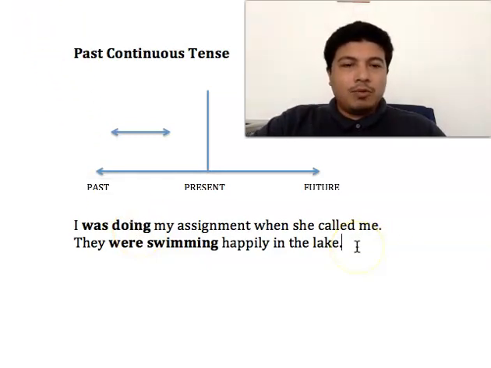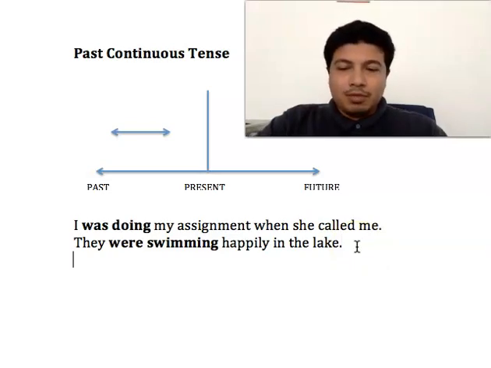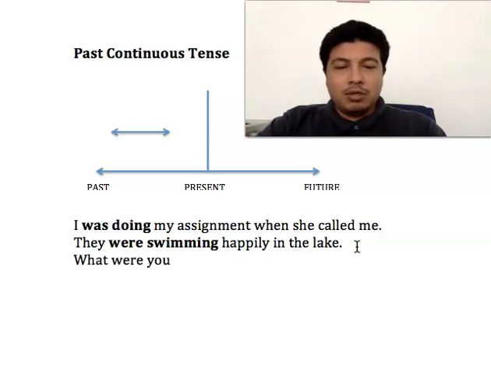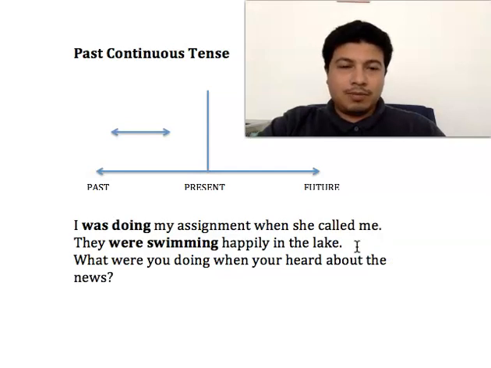When you are asking a question, you can also use past continuous tense. For example, what were you doing when you heard about the news? So what were you doing?